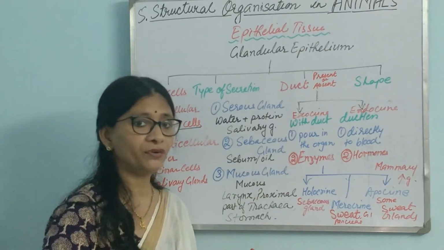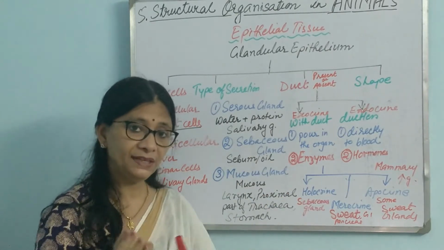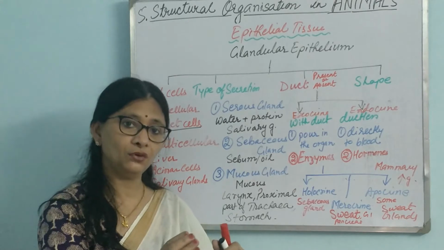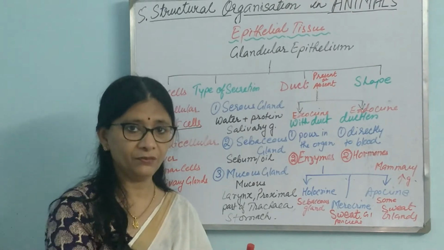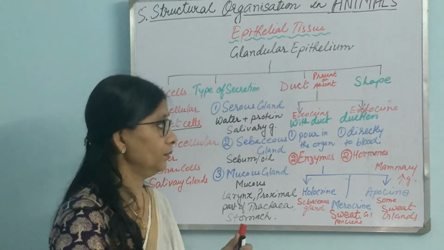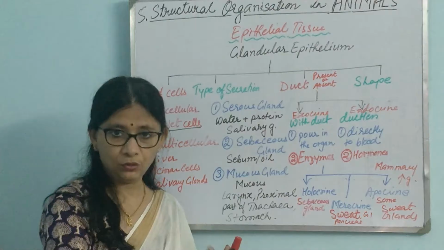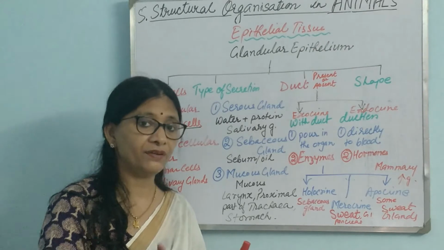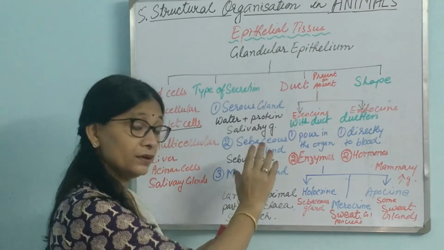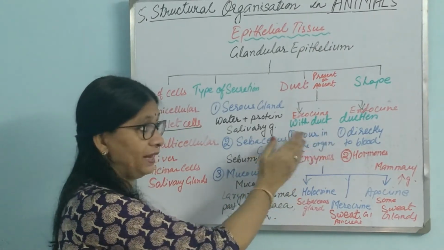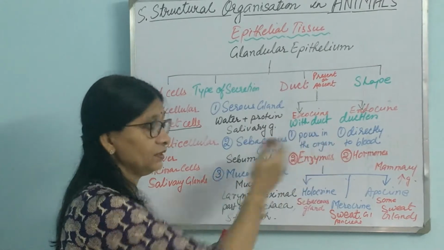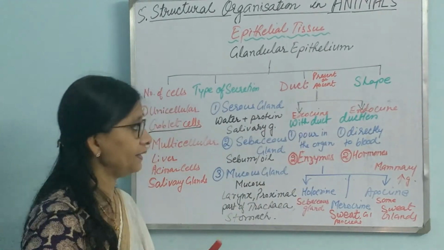In case of exocrine gland, they have duct which leads the secretion into the particular organ where they will show their function. But in case of endocrine, it is not released into any organ, rather it is released directly into the blood. So this is the difference between endocrine and exocrine gland. So these are the two points which you should keep in mind.